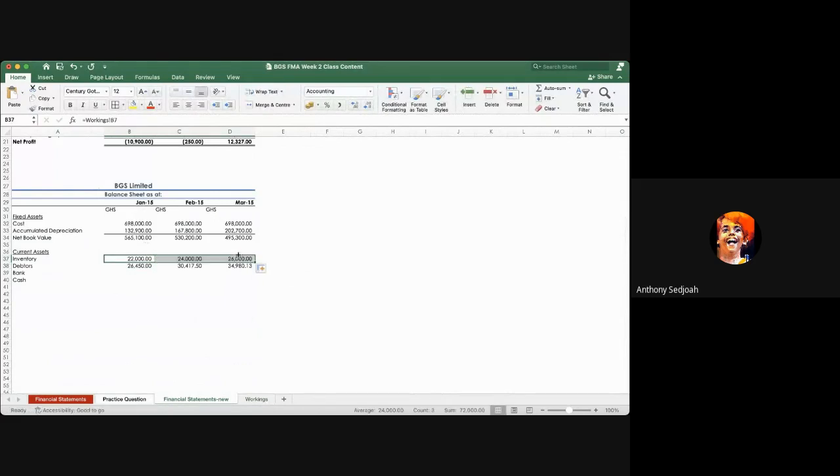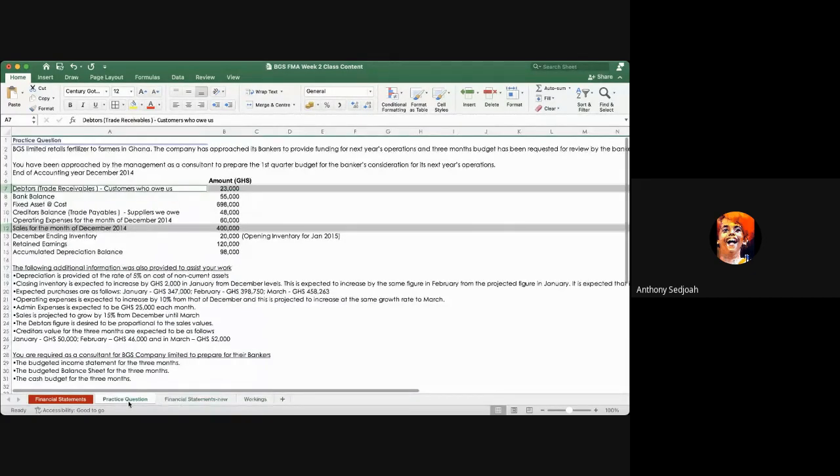Back to the right. And then bank, let's see. For the bank balance, we have to do our cash flow statement before we can get it. So I think we may have to pause here today. Do we have cash? We don't have cash.